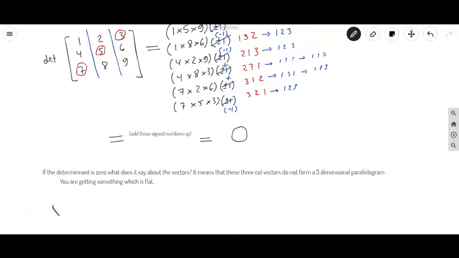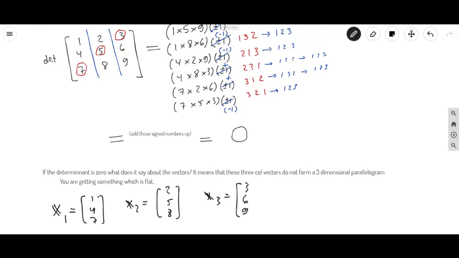So what we're saying is, if you look at these three vectors, x1 is the first column vector, 1, 4, 7. And then x2 is the second column vector, which is 2, 5, 8. And then x3 is the third column vector, which is 3, 6, 9.